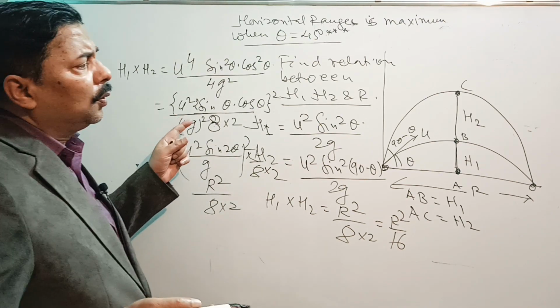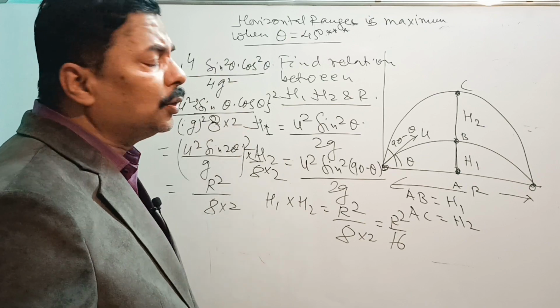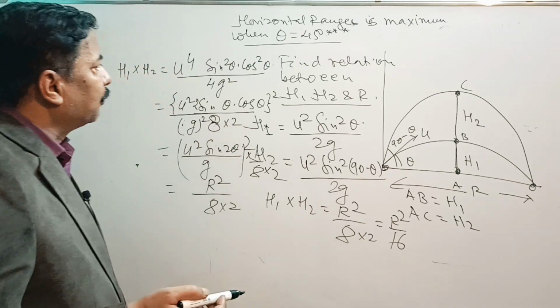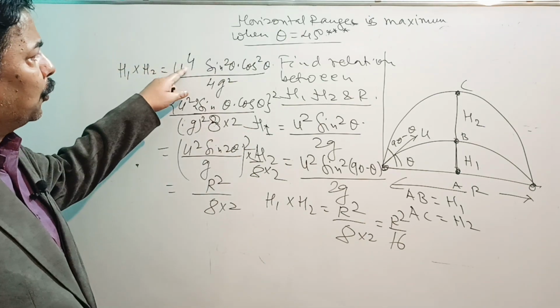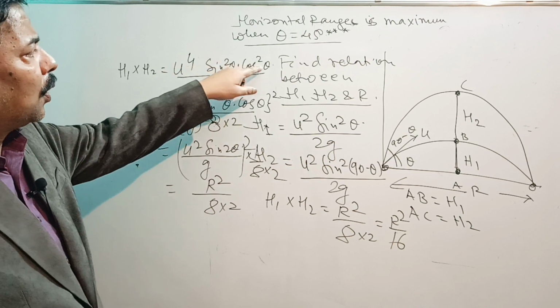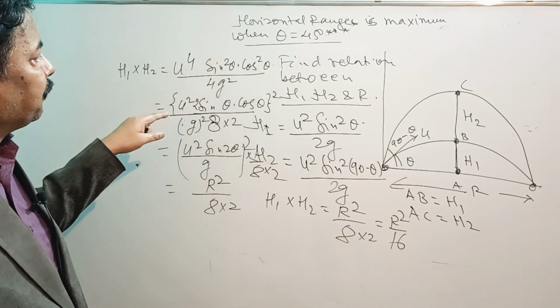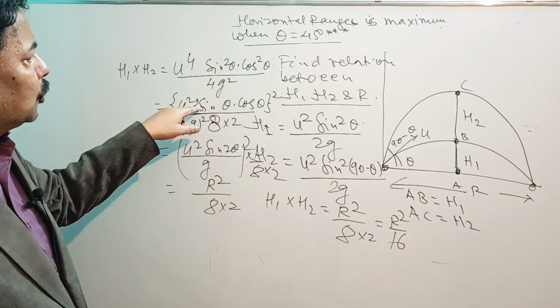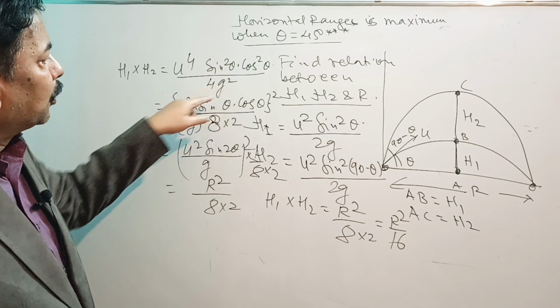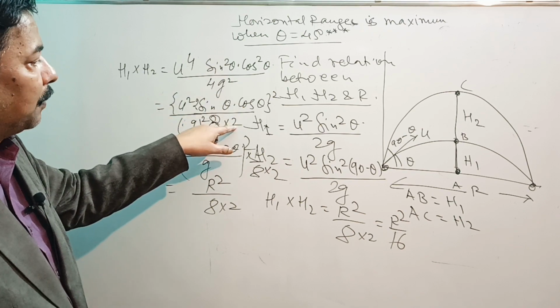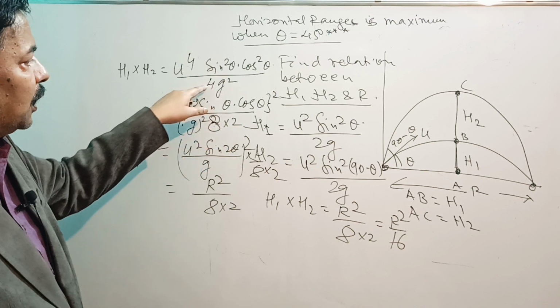So this is also one of the relations that you should understand very carefully. U to the power 4 sine square theta cos square theta, H1 H2, u square into 2 sine theta cos theta, this will become 4. So I have to multiply by 4, 1 by 4 is already there.